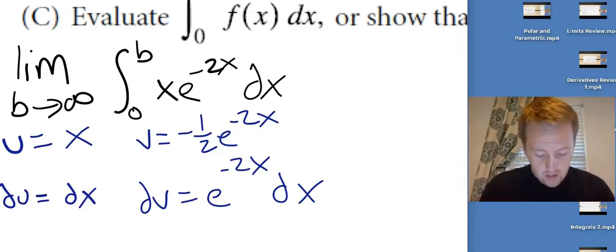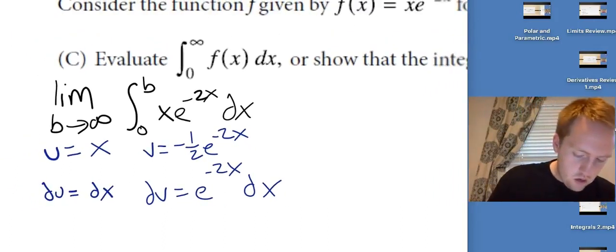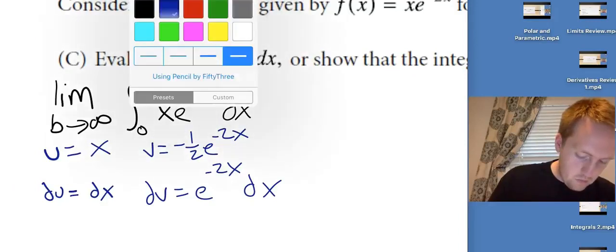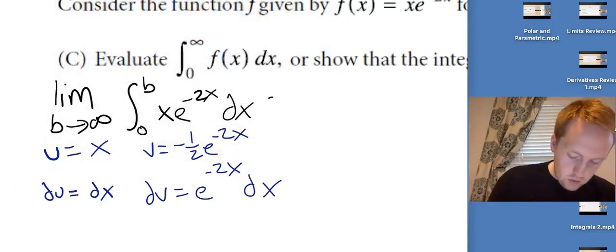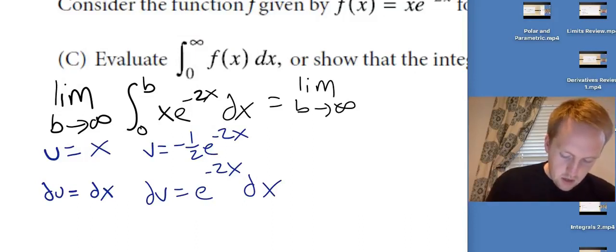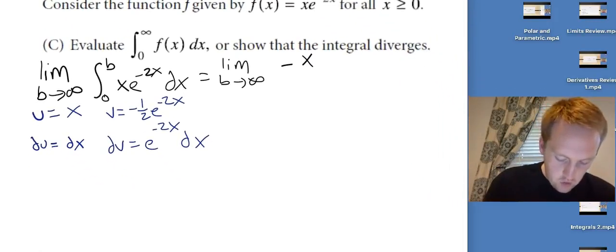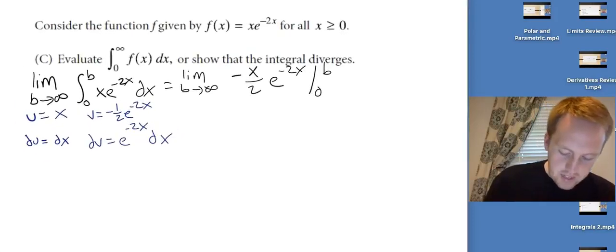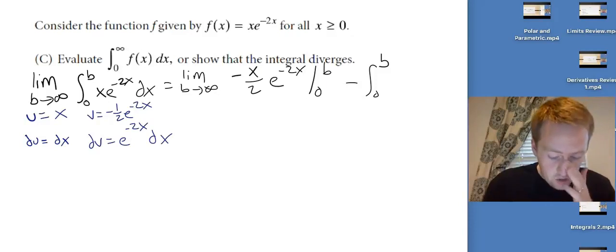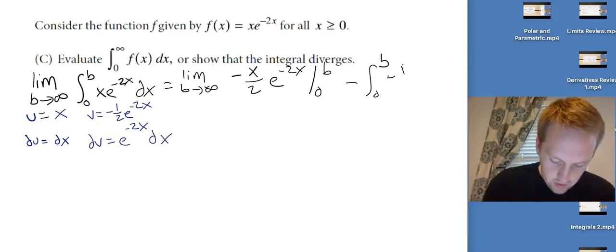Okay, so that means that this limit is equal to the limit as b goes to infinity of uv, so negative x over 2 e to the negative 2x, evaluated from 0 to b, minus the integral from 0 to b of v du, which is negative 1/2 e to the negative 2x dx.